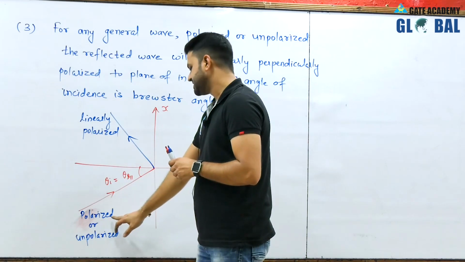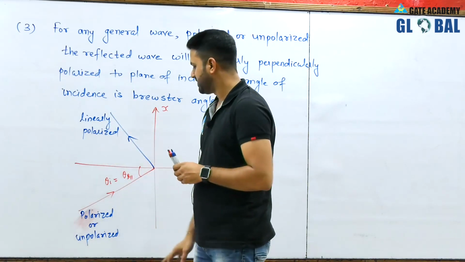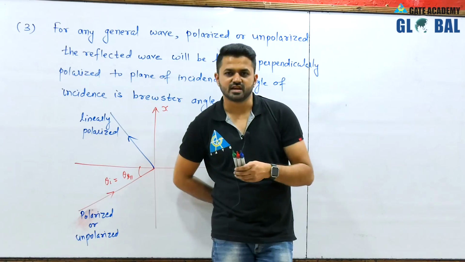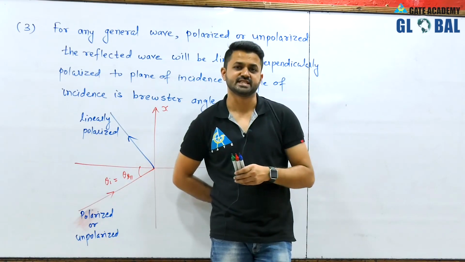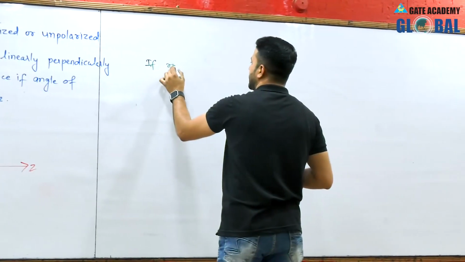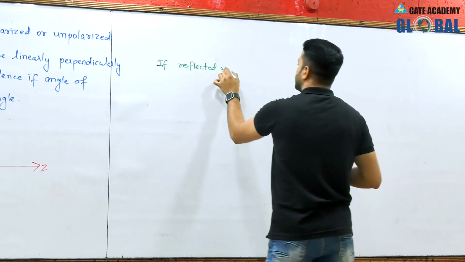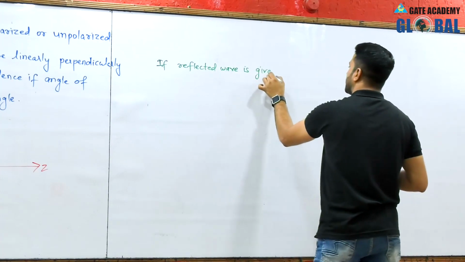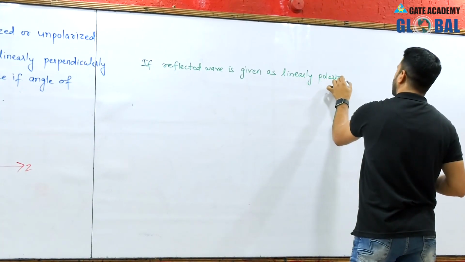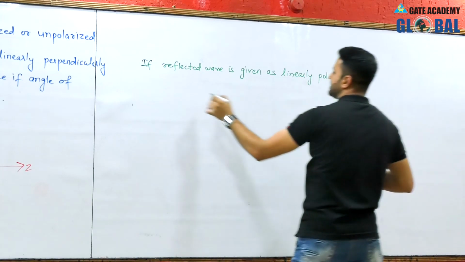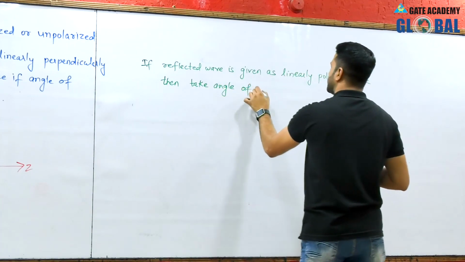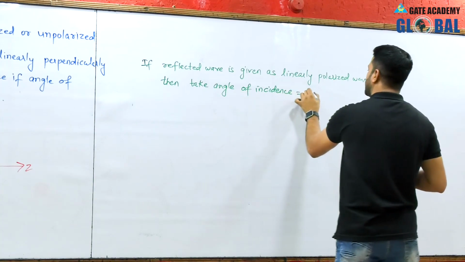If the incident wave is polarized or unpolarized, the reflected wave will always be linearly polarized. Or you can say that if it is given to you that the reflected wave is linearly polarized, then you can assume that the angle of incidence is equal to the Brewster angle. So if the reflected wave is given as linearly polarized wave, then take angle of incidence equal to Brewster angle.